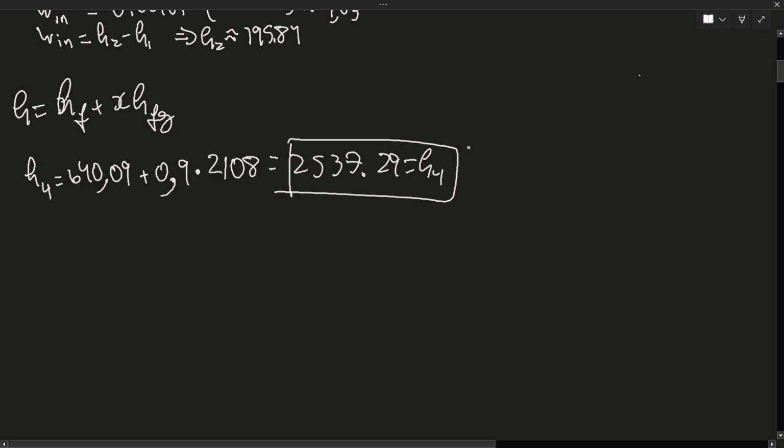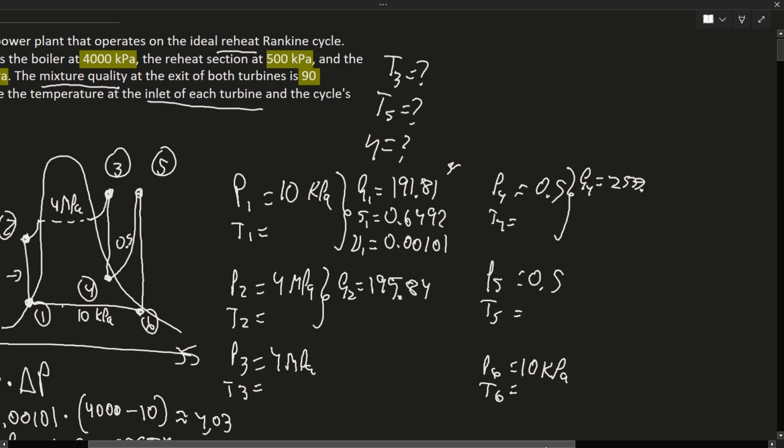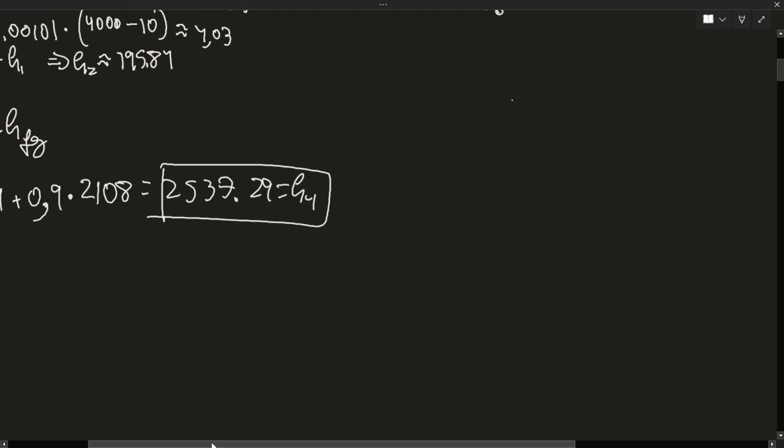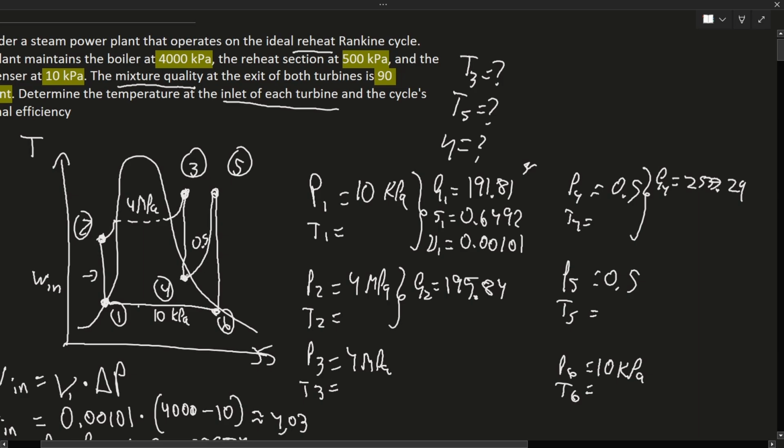Okay. So let me just write it down. What was it? 2,537 point 29. You're going to want to do the exact same thing for the S this time. So S is equal to SF plus X times SFG. The reason why you want to do this is because, as you can see over here, points 3 and 4 have temperature changes, but the entropy is the same.